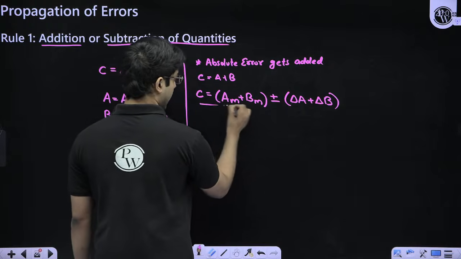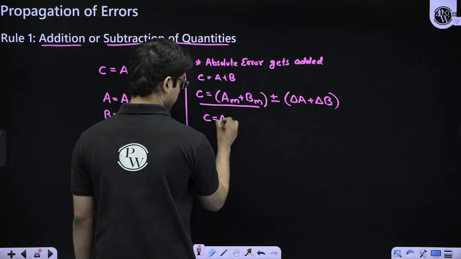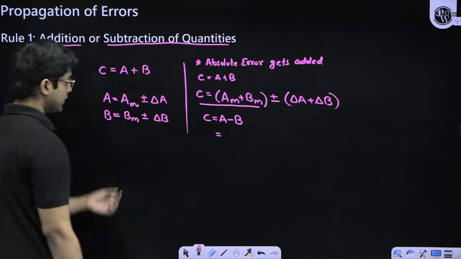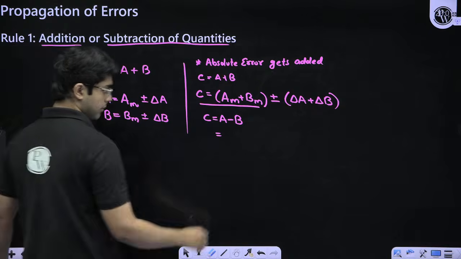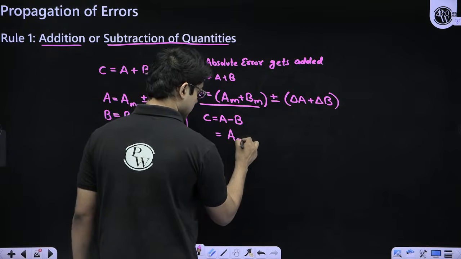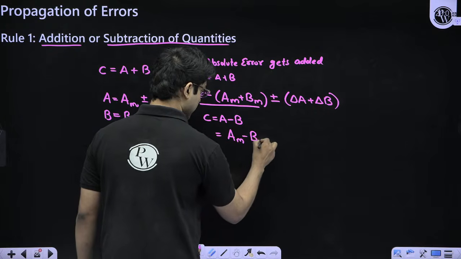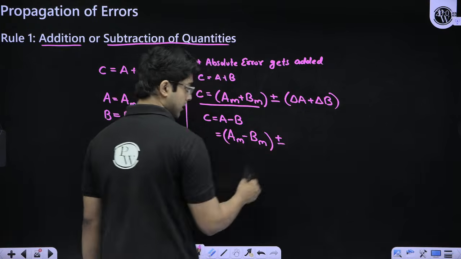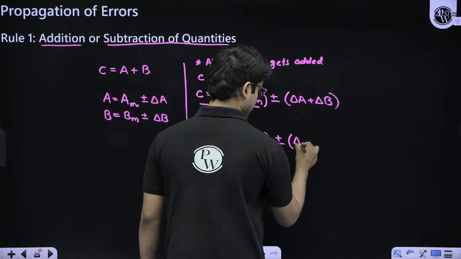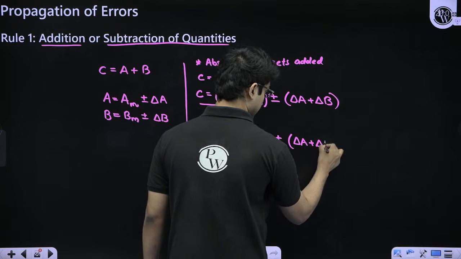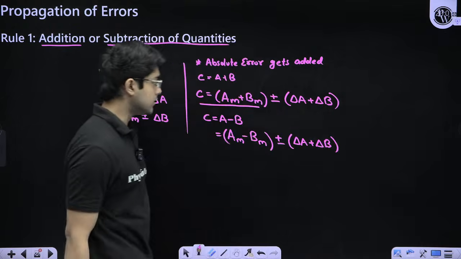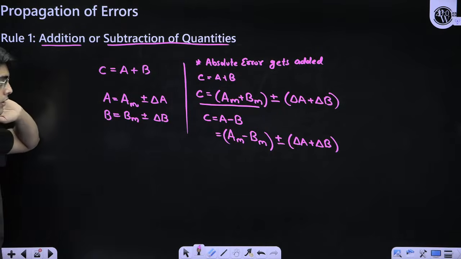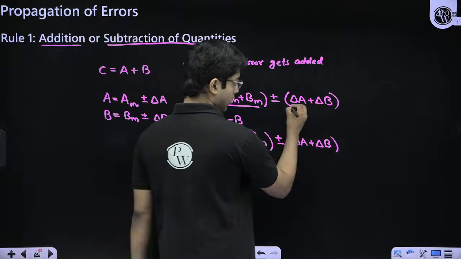Now, if we have another quantity C, which is A minus B. So here, how will you write it? Here, the main value you will subtract, AM minus BM. But the error part is still added up. Okay, delta A plus delta B. So absolute errors, even if you're subtracting two quantities A and B or adding two quantities A and B, the absolute error always gets added up.